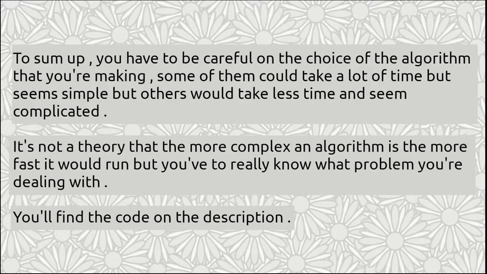To sum up, you have to be careful in the choice of the algorithm that you are going to make. Some of them could take a lot of time but seem simple, while others would take less time and seem complicated. It's not a rule that the more complex an algorithm is, the faster it would run. But you have to really know what problem you are dealing with.